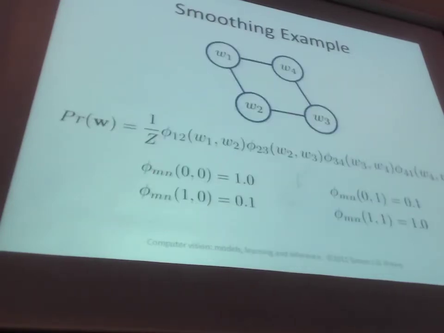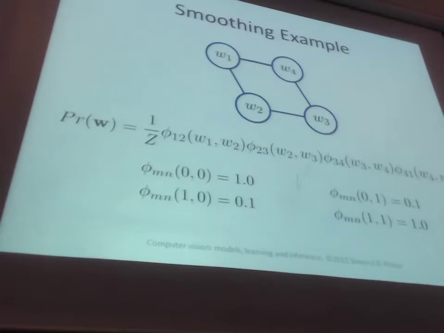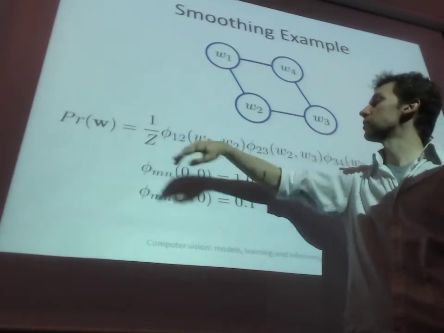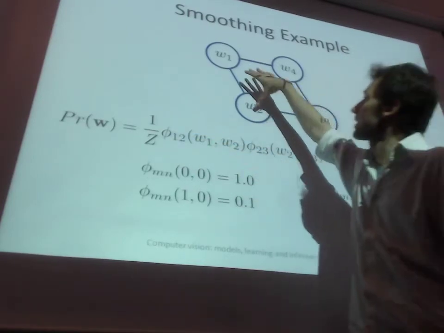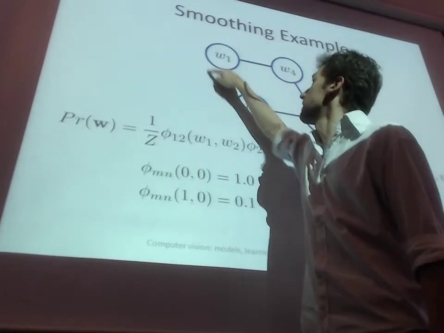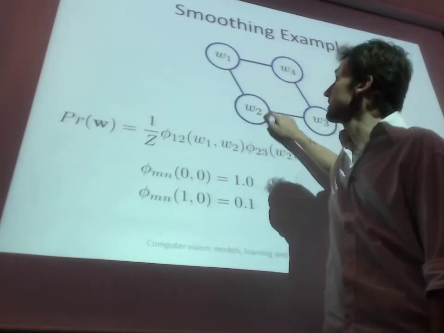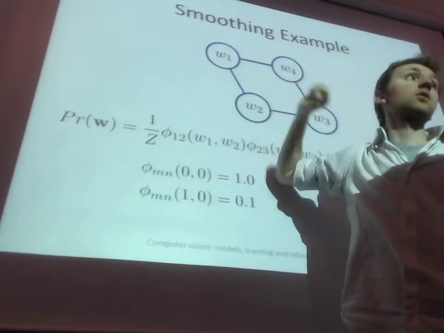All right, so let's look at a specific example. I've got a big image of just 4 pixels. If we write it in terms of potential functions, I'll have this normalizing term out in front, 1 over Z, and then I've got an edge here. If I pick these two, is that a clique or a maximal clique?